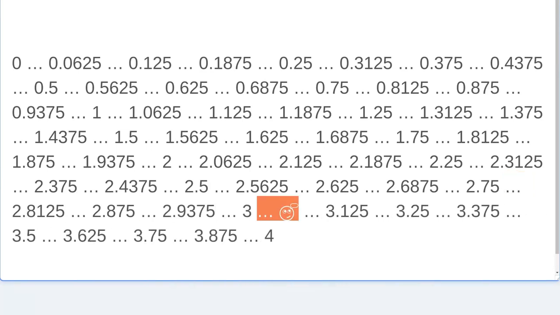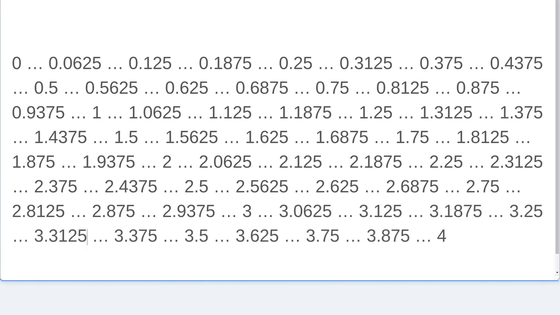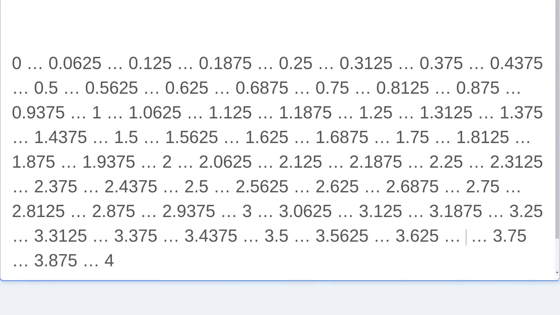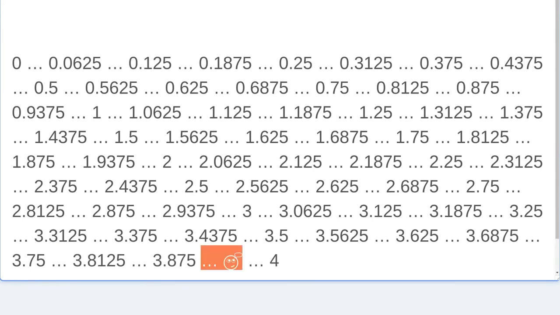But let's just go ahead and fill this out, and then we're going to get onto the binary here. Here's 3.8125, and the last one we're inserting between 3.875 and 4 is going to be 3.9375.